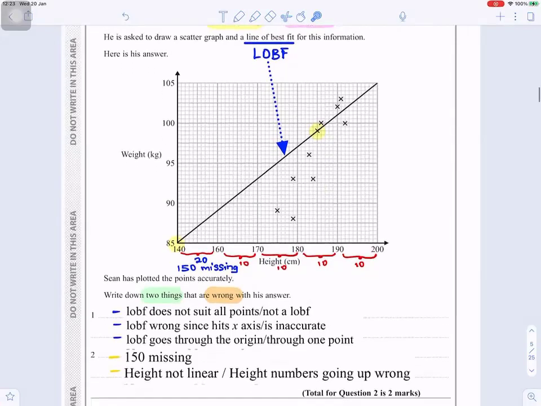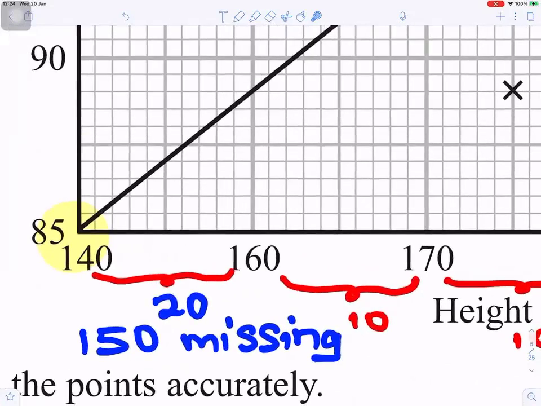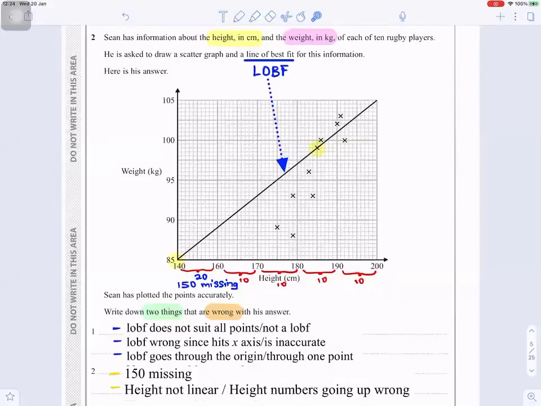If I zoom in so you can see the scale there, between 140 and 160 the difference is 20, but between 160 and 170 the difference is 10. So the difference is not the same, so it is not linear. So that's the answer you can put for question number 2.